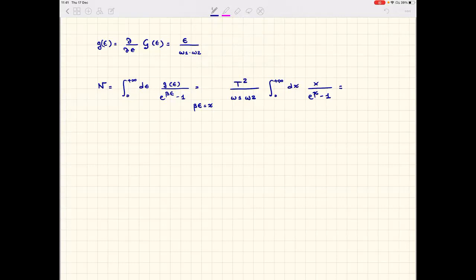And therefore, I get that this is T squared over omega 1 times omega 2 times pi squared over 6. So T_c, in this case, is equal to omega 1 times omega 2 times 6 over pi squared times N, and then you have to take a square root.